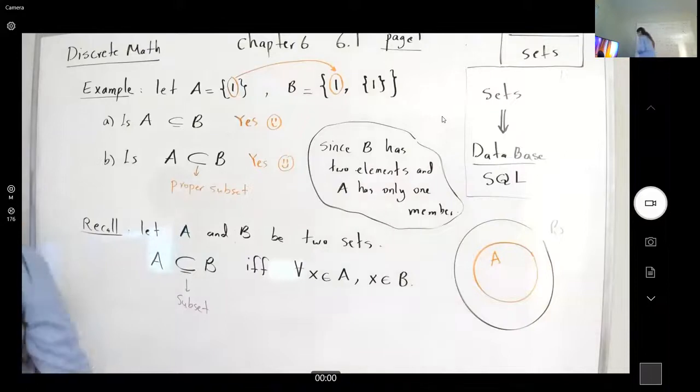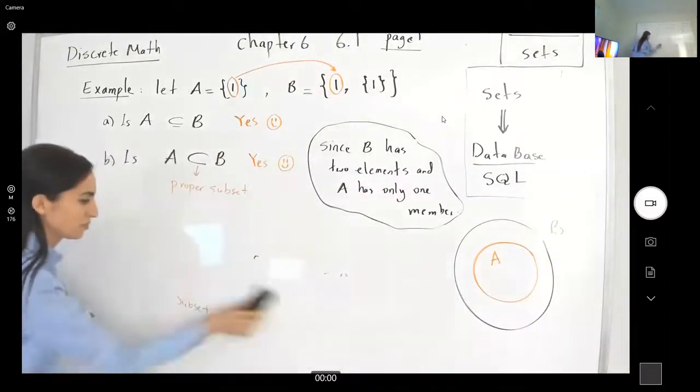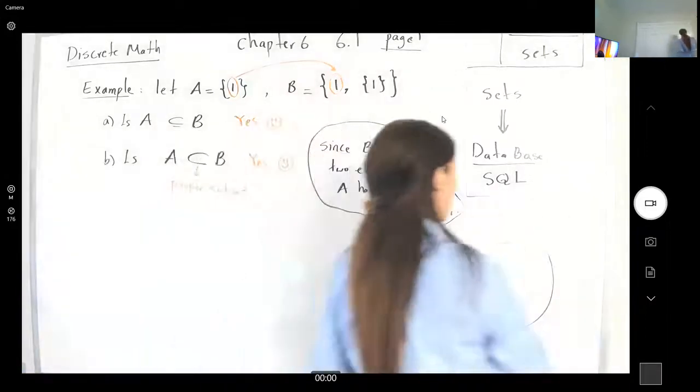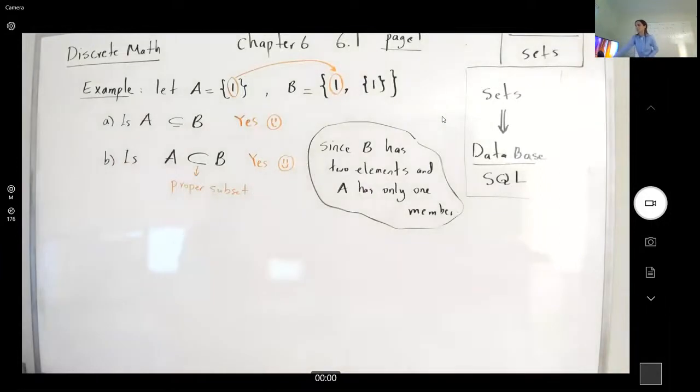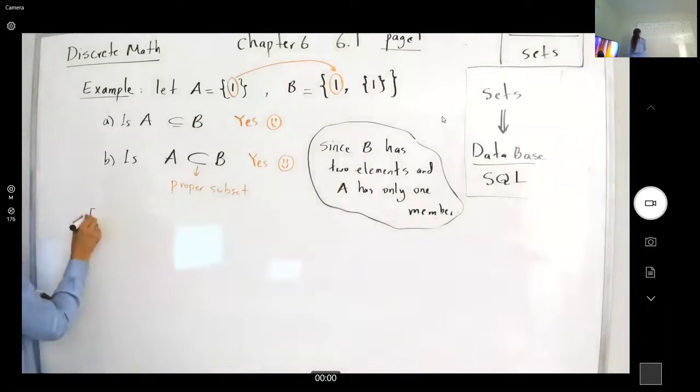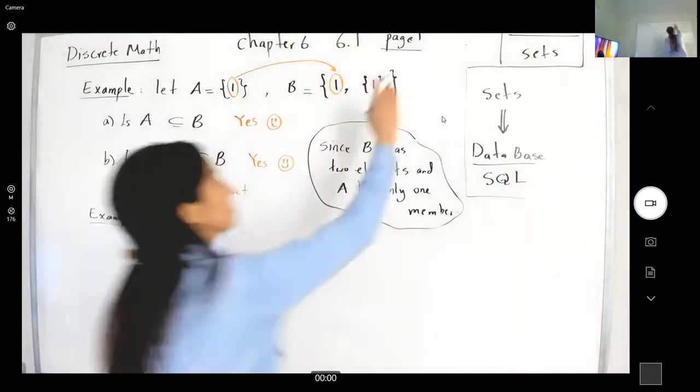So another example for you. Are these two sets equal to each other? Or which one is the subset of the other one? So we are working on subsets. Let's talk about equality later. So we are on page 2.